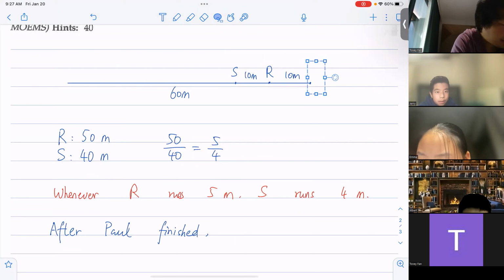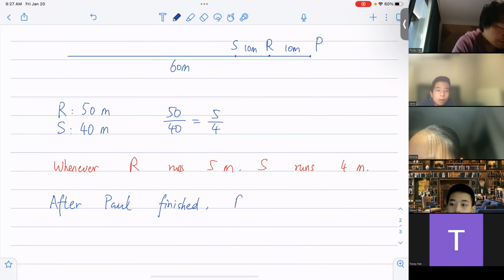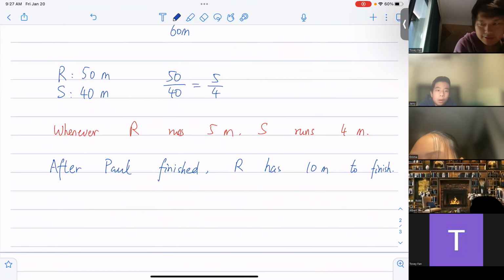When Paul finished, Paul has finished here, okay? Robert is 10 meters behind. So how many more meters does Robert have to cover if Robert were to finish? Yes, 10 meters to cover, based on the question, right? So after Paul finished, Robert has 10 meters to finish. So Robert has to run 10 meters more, right?